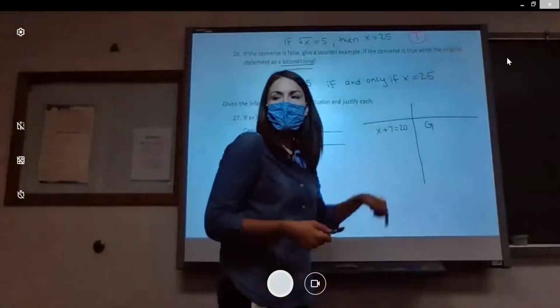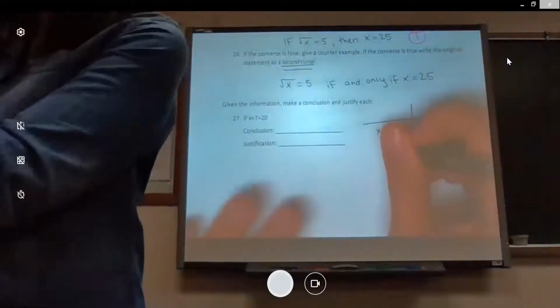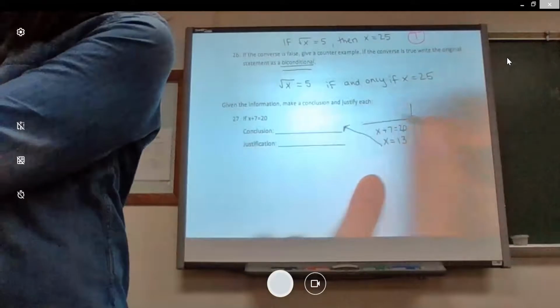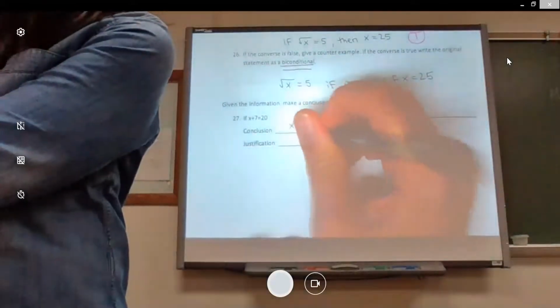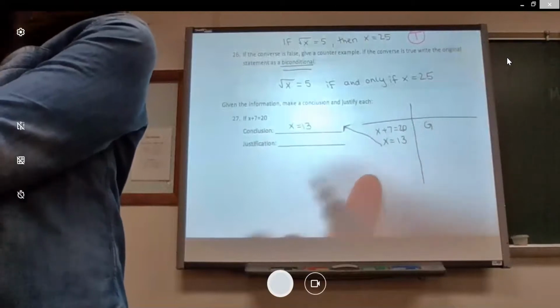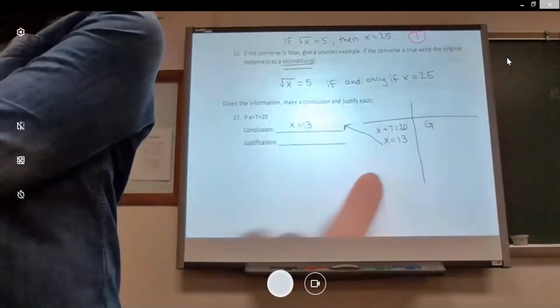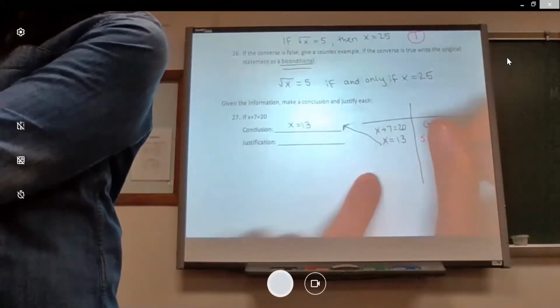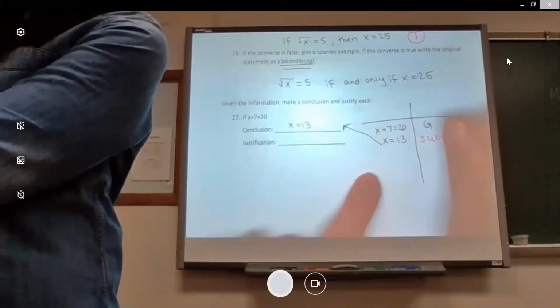X equals 13. That's my conclusion. So if I know this, my conclusion is that x equals 13. And obviously I don't need to write this little mini proof out. I'm just kind of showing you what it's asking for. And the reason we can say x equals 13 is because we just subtracted 7. So subtraction.